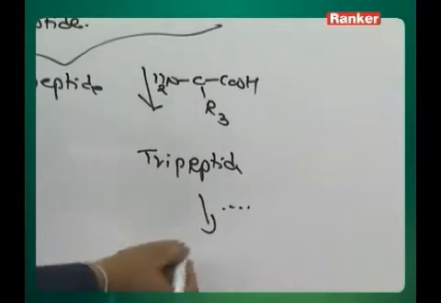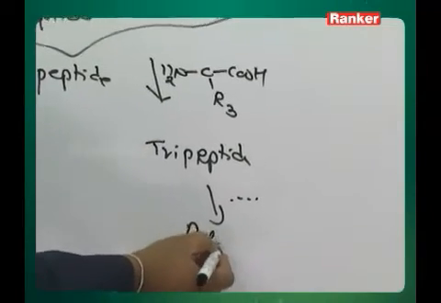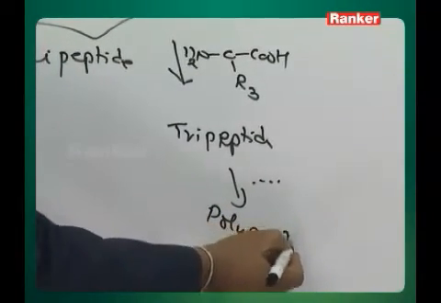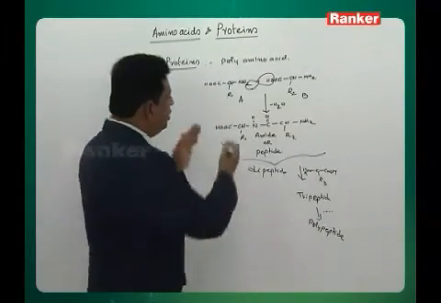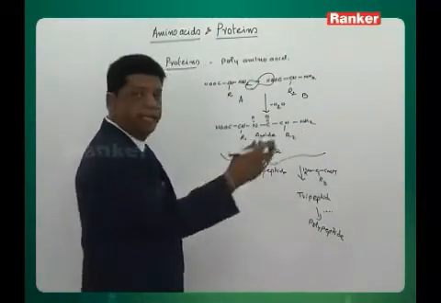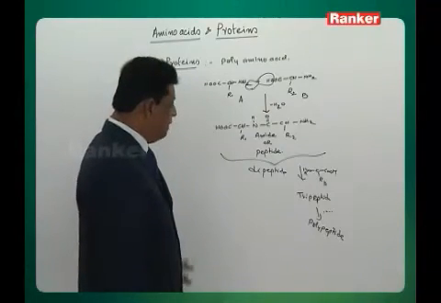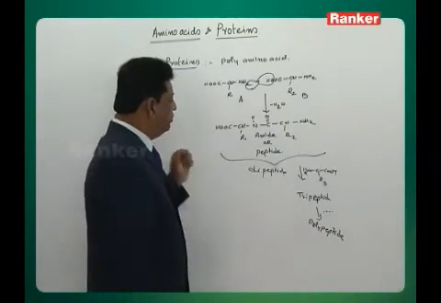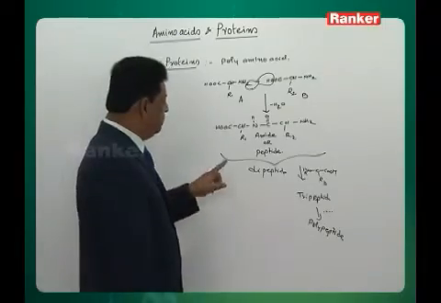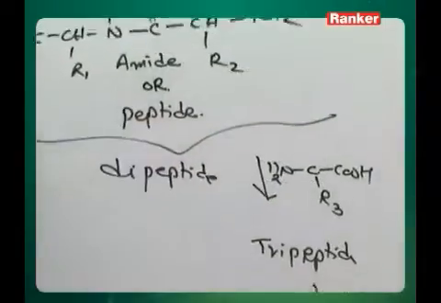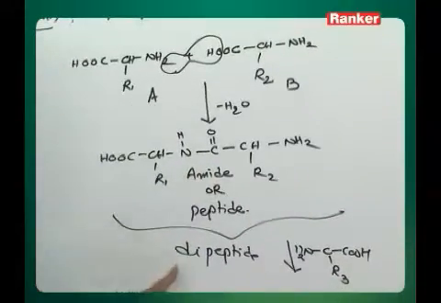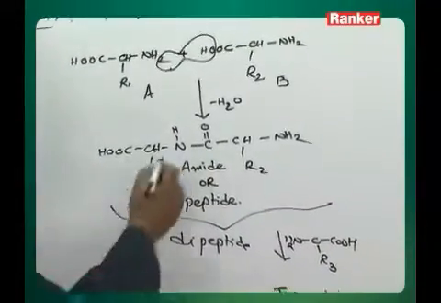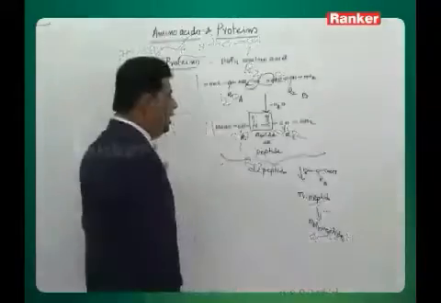If you add several, you will get the polypeptide. So, a huge number of molecules go on joining, and you get a large linear polymer which is called a polypeptide. Now, the questions coming in this area are: a dipeptide will have how many amino acids? 2 amino acids. How many peptide bonds? Only 1 peptide bond.